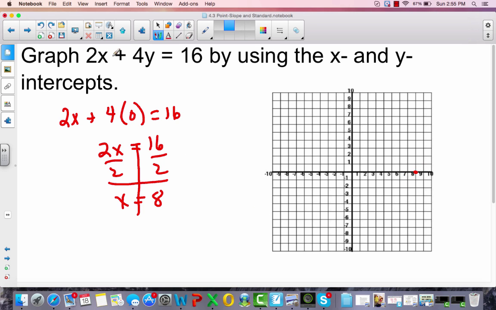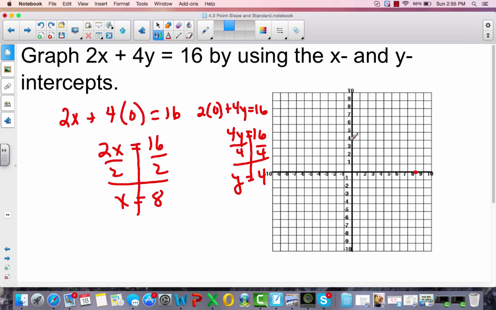Then to find the y-intercept, remember the y-intercept occurs when the x is 0. So we go 2 times 0 plus 4y = 16. That'll give us 4y = 16. Divide by 4 on both sides, and that gives us y = 4.